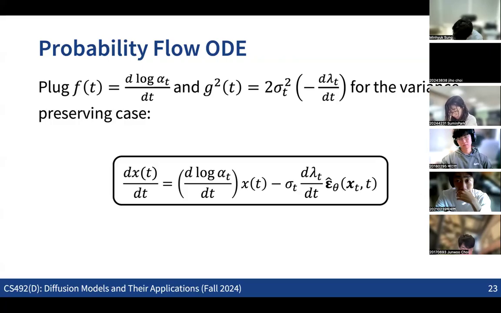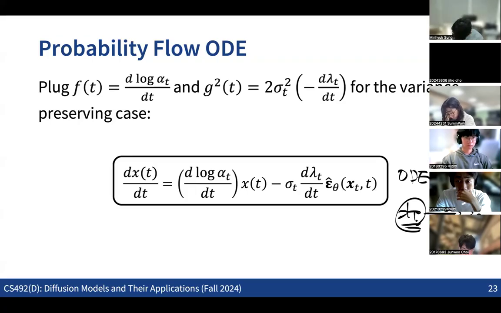Given this kind of ODE, if we specify x capital T, the starting point in the inverse process, then we will be able to find the full trajectory from x capital T all the way to x0 with all the noisy data points and also the final data point.